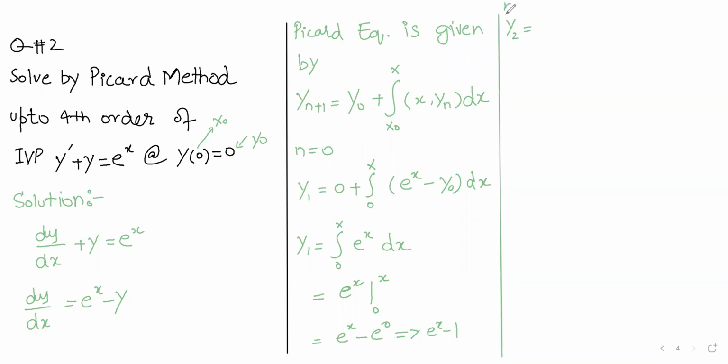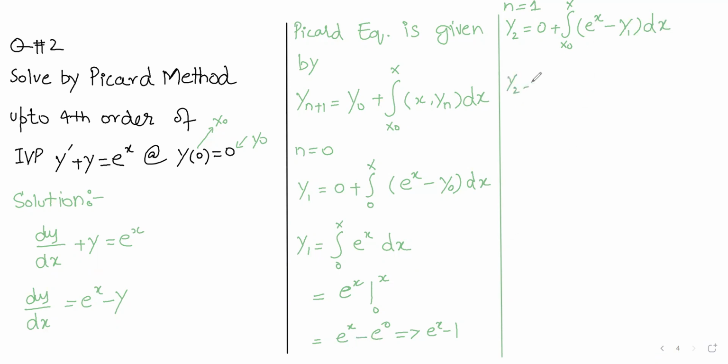Put n equals 1, then it will be y2. y2 will be equal to y0 plus the integral from x0 to x of what is your value in here. This value will be e^x minus y1 dx. It will be like this one, but we already have y1, so we're going to put it in here.